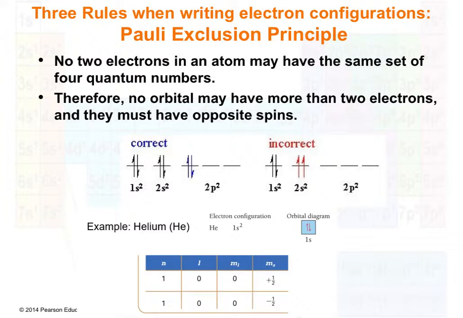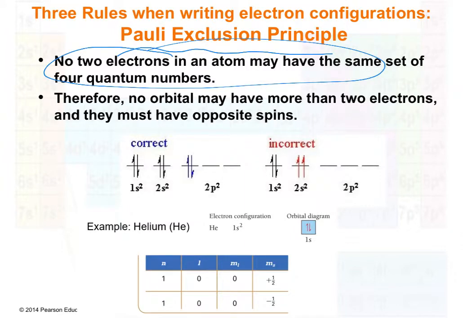The second rule that must be followed when writing out an electron configuration is the Pauli exclusion principle. The official textbook definition is that no 2 electrons in the same atom can have the same 4 quantum numbers.